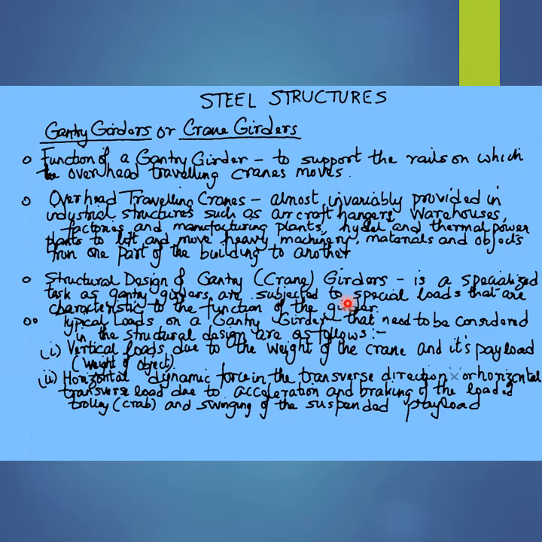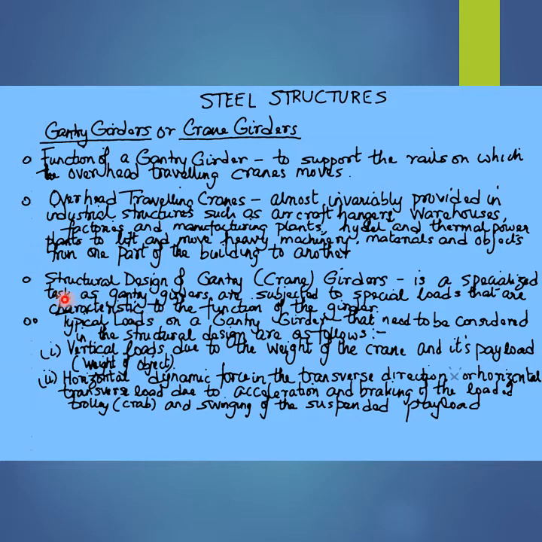Well, proceeding to the structural design of a steel gantry girder or steel crane girders, the structural design process of a steel gantry or crane girder is a specialized task, as gantry girders are subjected to special loads that are characteristic or typical to the function of the crane or gantry girders.